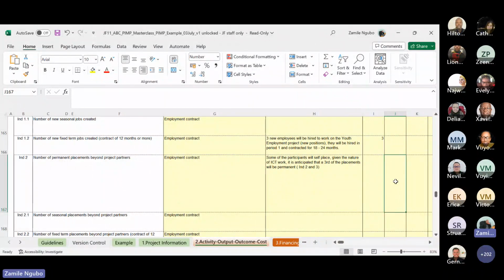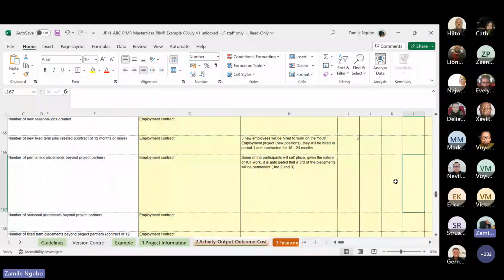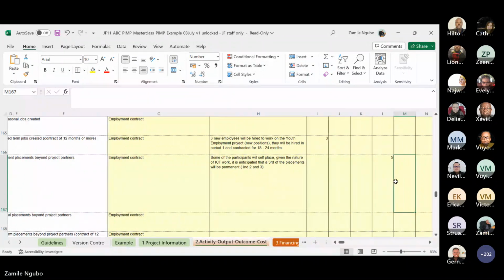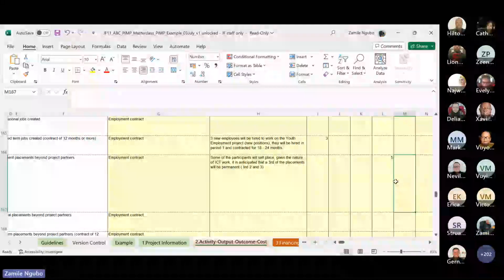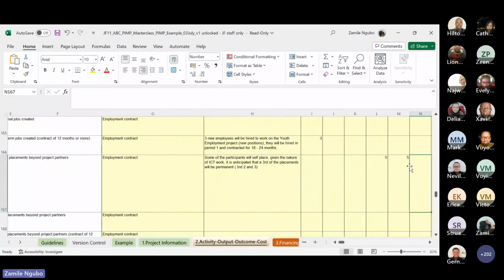So we are spreading them. We are assuming that 5 will be employed in period 4 of project implementation, then another 5 in period 5 and period 6, which gives us a total of 15 as per the project example.